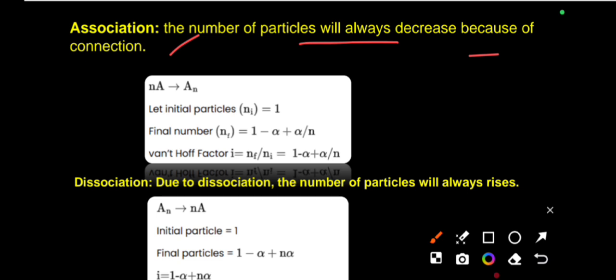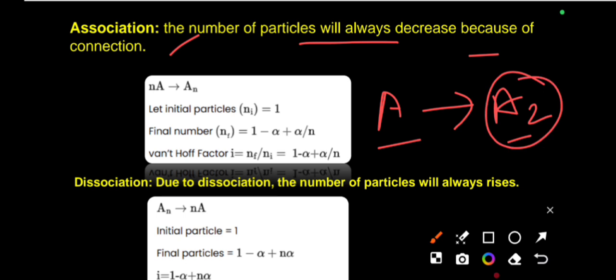Weight will increase but numbers will decrease. It means colligative property will decrease but molar mass will increase. Suppose you have taken A, after association it will become A2. The number decreases but the molar weight increases. Clear? Suppose you have taken 2 moles and it dimerizes to give A2. The molar mass will increase because a bond is made between the 2 molecules.